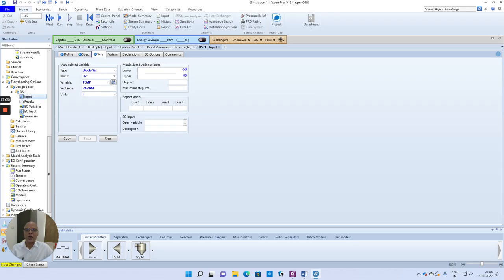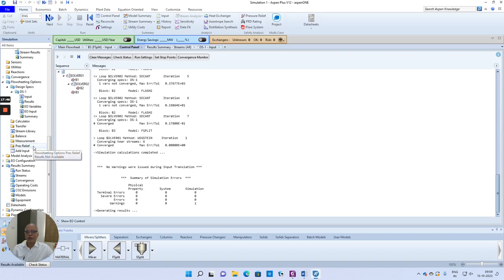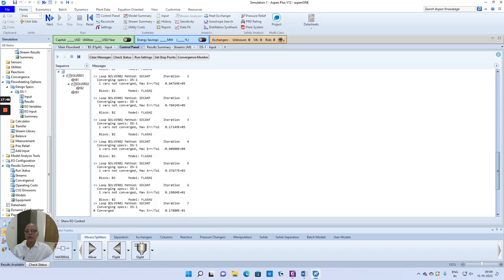Right now we are operating the column at 40, but we need to reduce the temperature in order to reduce the overhead vapor product. So with this background, now let us run the problem with this new design spec. So as you can see, now because of the recycle, there were iterations involving all the 3 blocks, but because of the design spec, there were iterations with respect to block 2, that is the flash column, in order to determine the temperature at which it must operate.